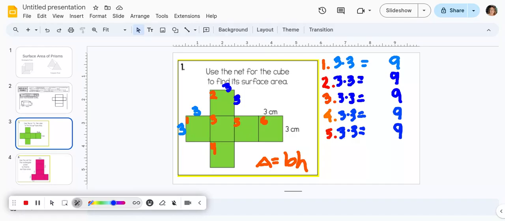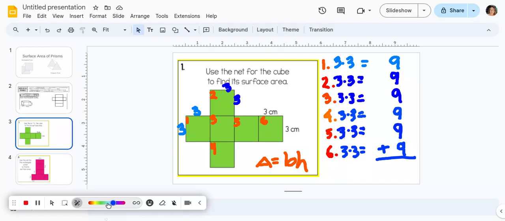And then finally, shape 6. That also is going to be 3 times 3, which is 9.